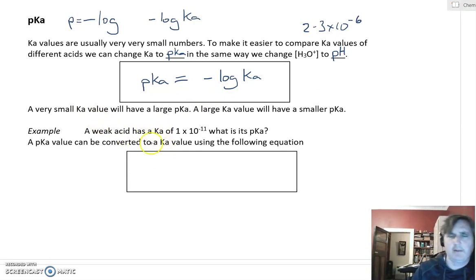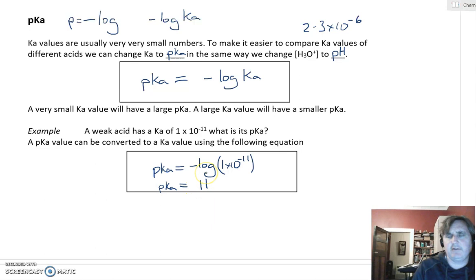Okay, so here's an example. We have a weak acid that has a Ka of 1 times 10 to the negative 11. So its pKa equals negative log, which is 11.